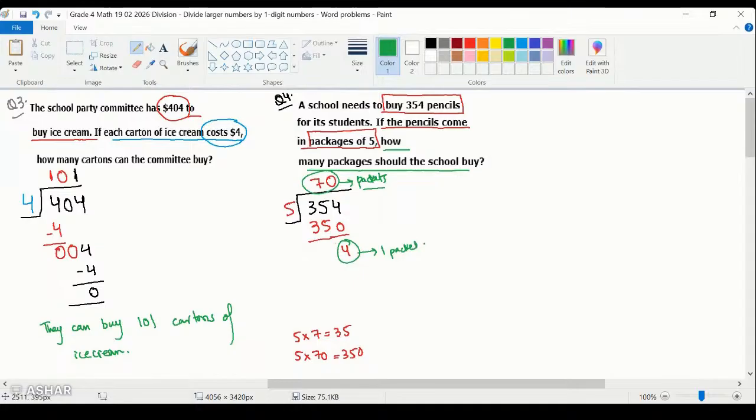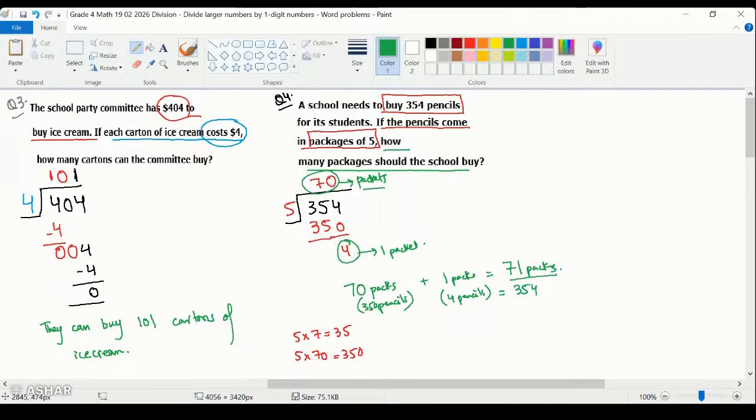That means the total number of packets that need to be bought are 70 packs. We'll have 350 pencils. Agreed? Plus one last packet, which needs to have 4 pencils, because our total requirement for the pencils was 354. That means a total of 71 packs should be bought. Do we agree?